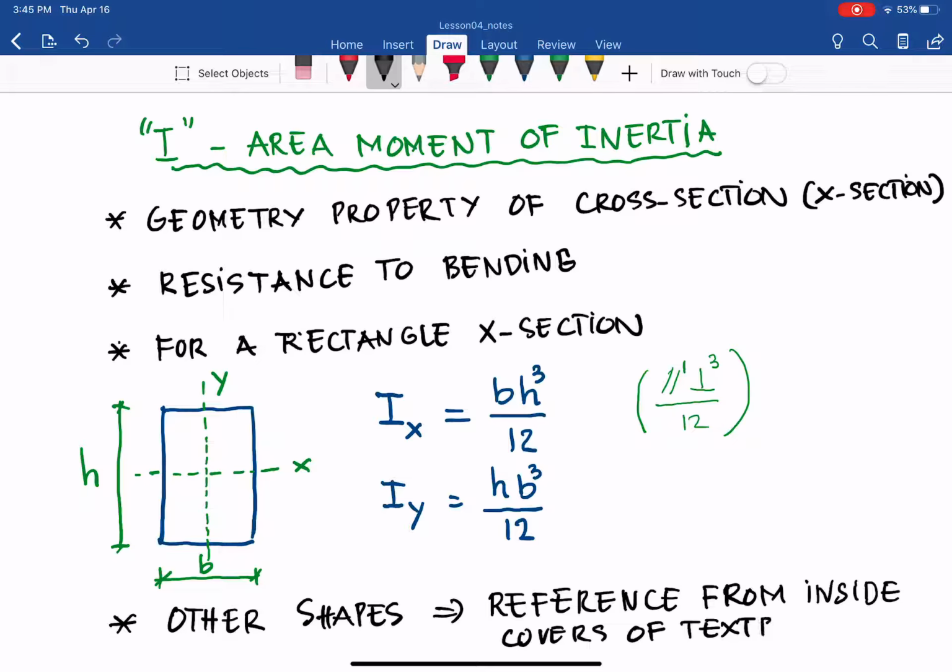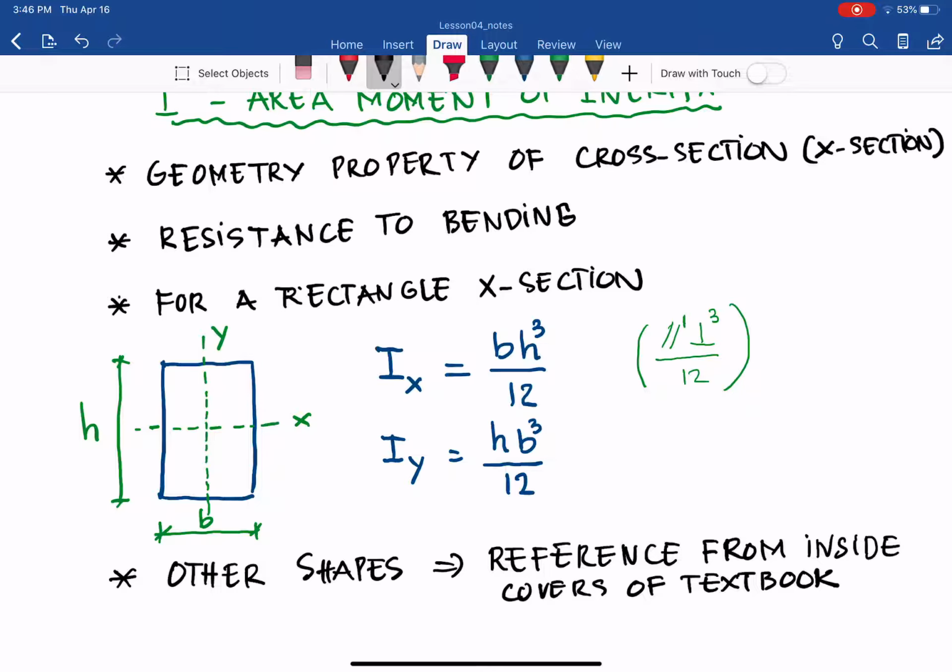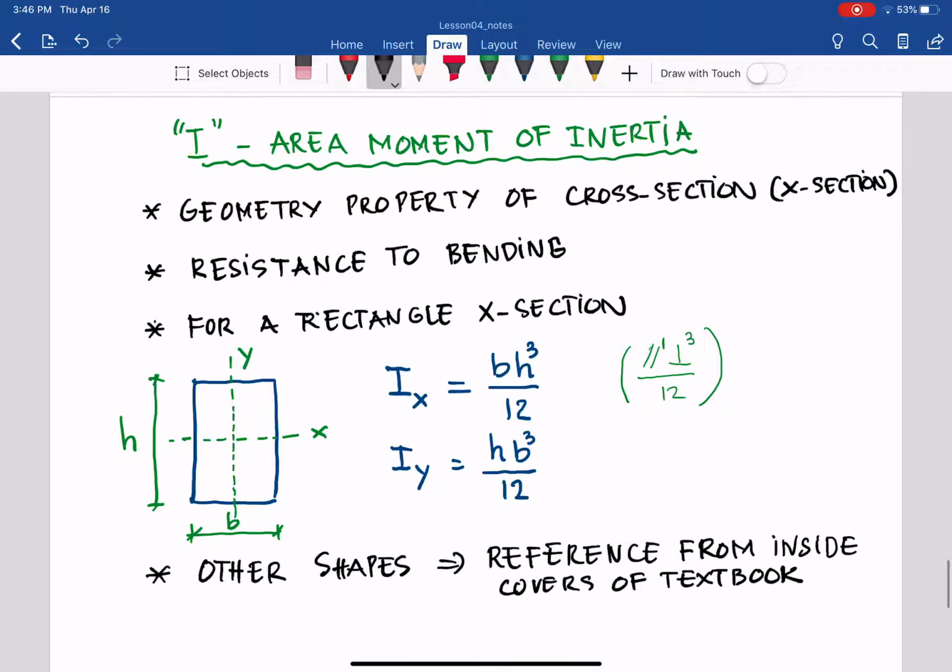And I have that in Canvas for the reference that we can use, to print out for your reference and then for the exam as well. So that is the reference inside the cover of the textbook.